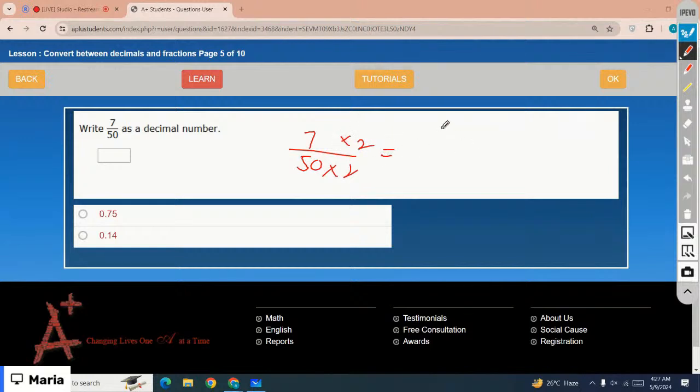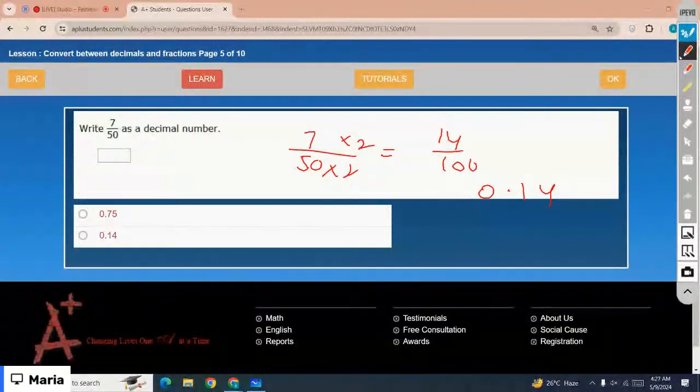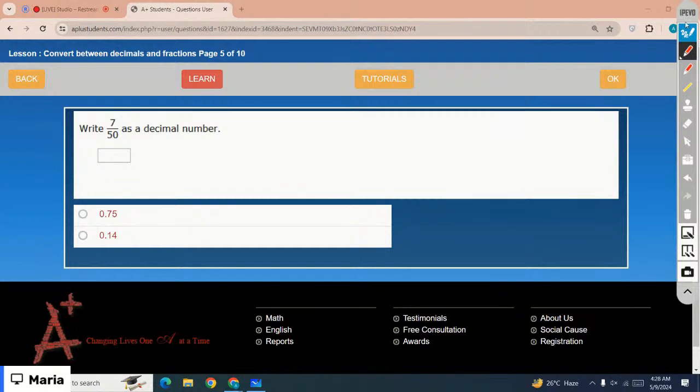So you need to multiply the fraction by 2, that is 14 over 100. And you can write it as 0.14.